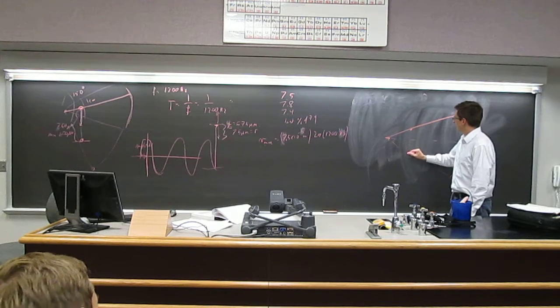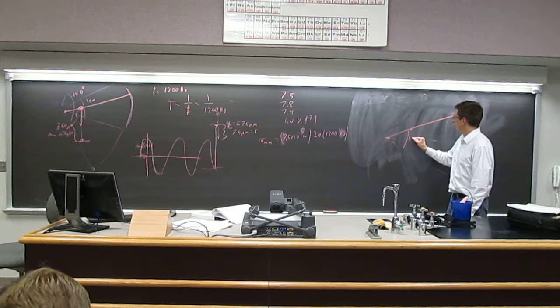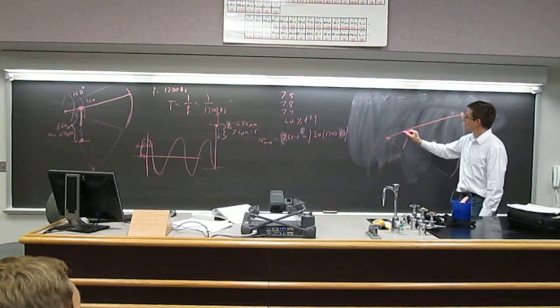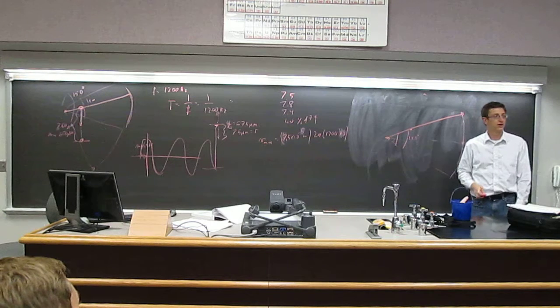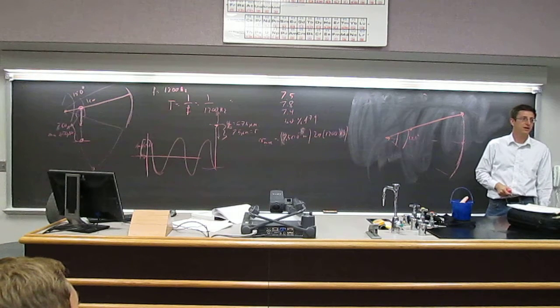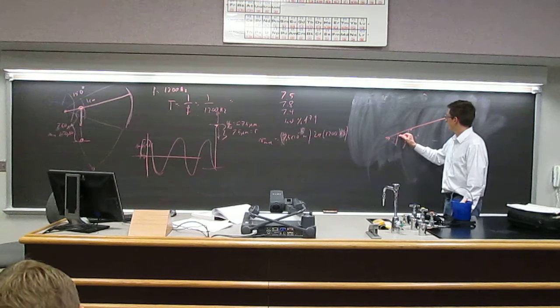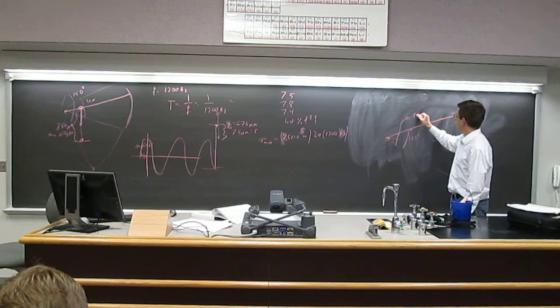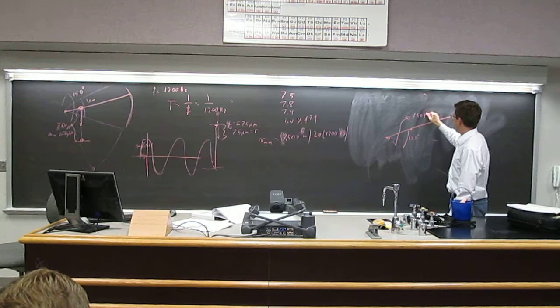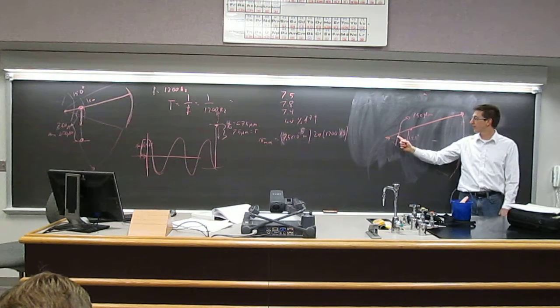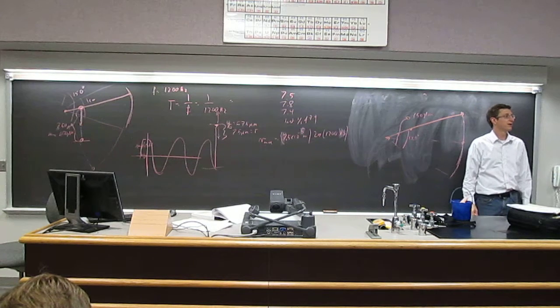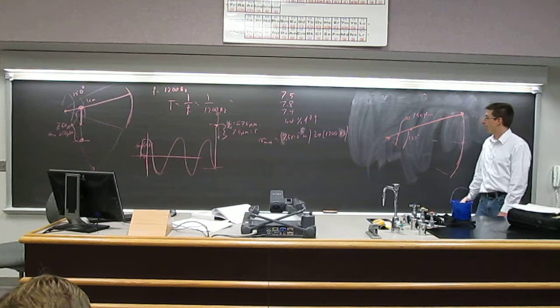Now I know that this 150 degrees corresponds to moving some point over here by 150 micrometers, the 750 minus 600 micrometers. This point moved up and down like that, right?